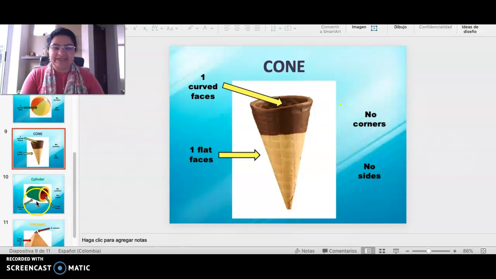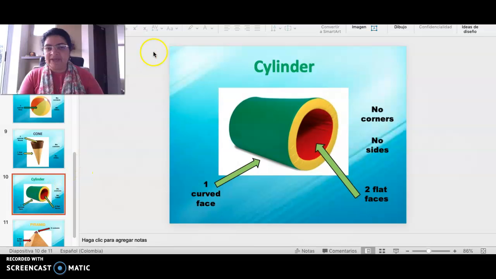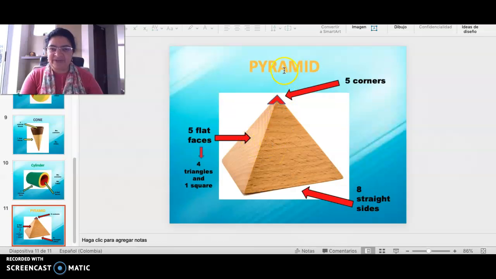Now, let's continue with the next one. The cylinder. The cylinder has no corners, no sides, and 2 flat faces. This is a flat face, and the other one is on the other side, and 1 curved face, that is this one.